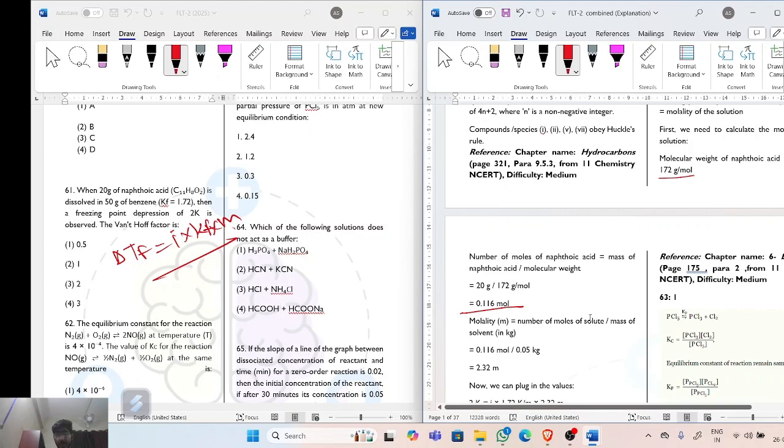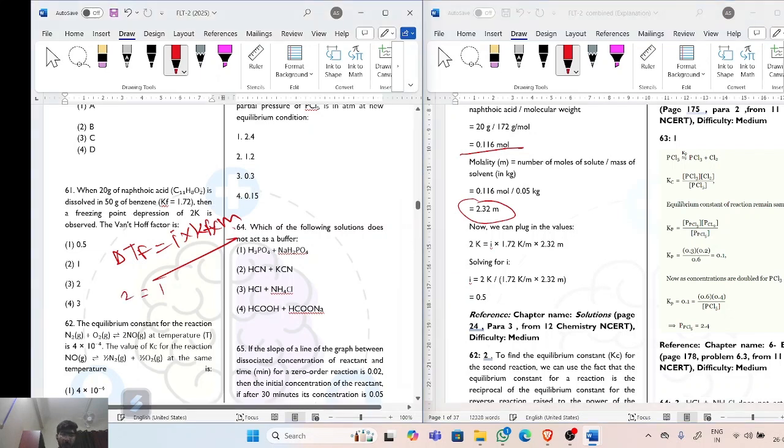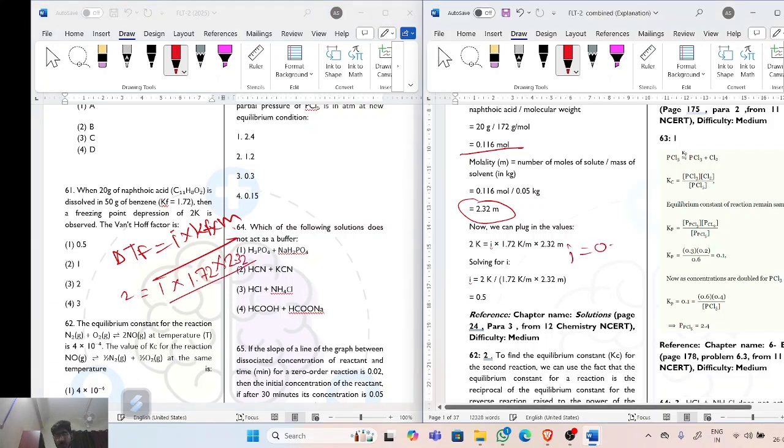Molality is number of moles divided by mass of solvent in kg, so the molality comes out to be 2.32 molal. Now we can directly put all this in the equation. So we get 2 equals i, which we have to find out, Kf value is 1.72 and molality value comes out to be 2.32. So the correct answer for i is 0.5. So the van't Hoff factor is 0.5.